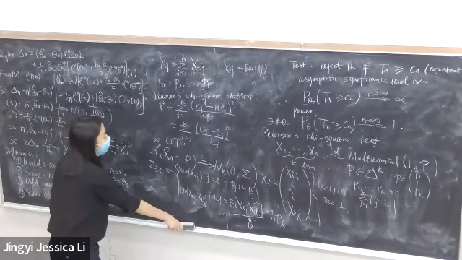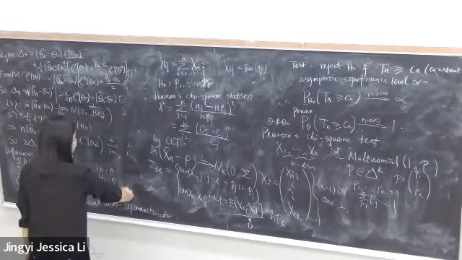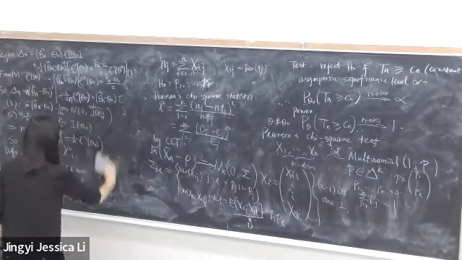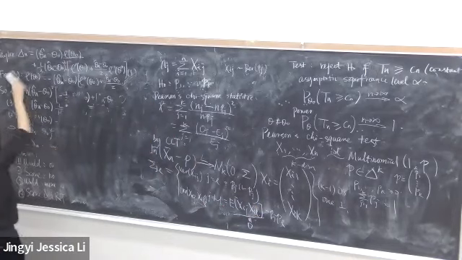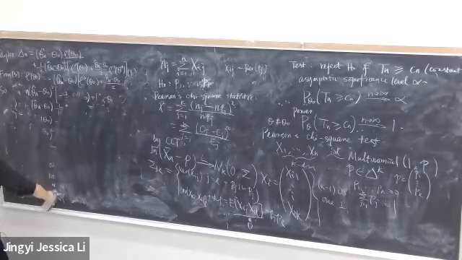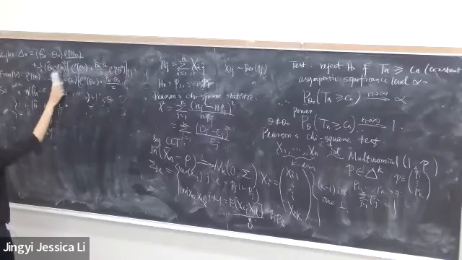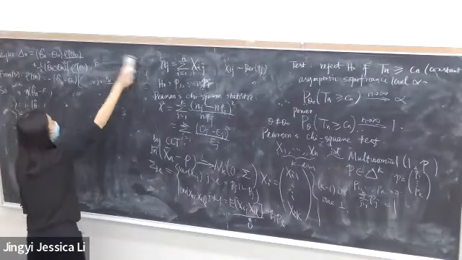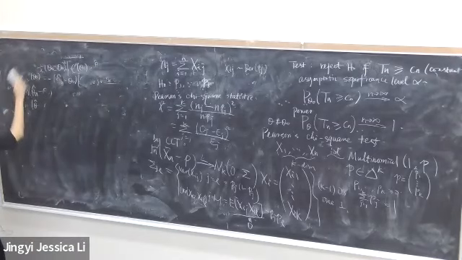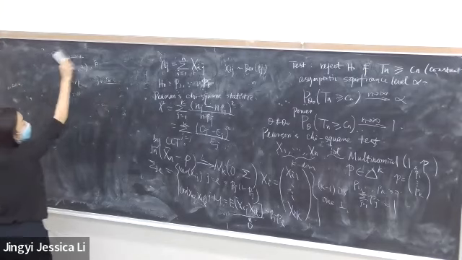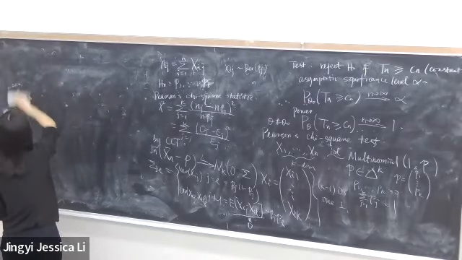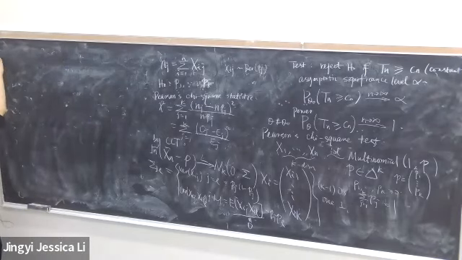So putting it together, I have the form of my sigma matrix. It's a k by k matrix.